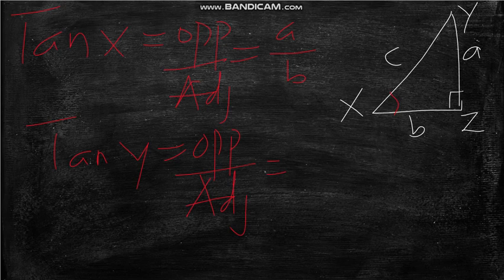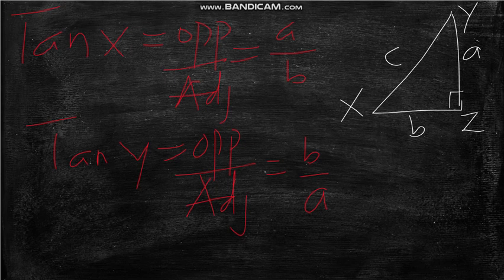Since we are considering y, our opposite this time is B, and our adjacent now becomes A. So you can see that it changes based on the angle we are referring to.